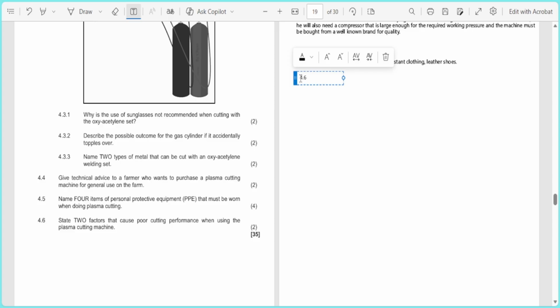Okay, so for 4.6, state two factors that cause poor cutting performance when using a plasma cutting machine.